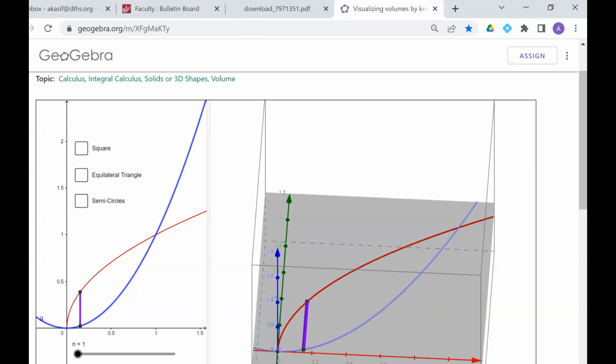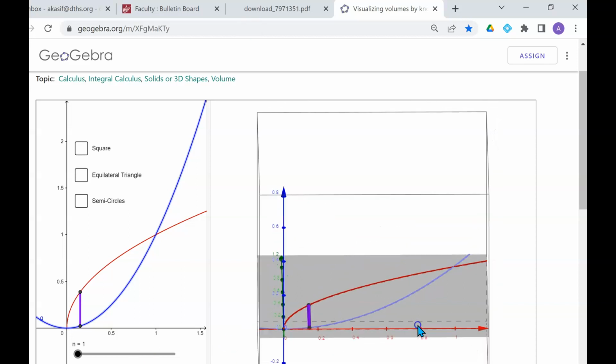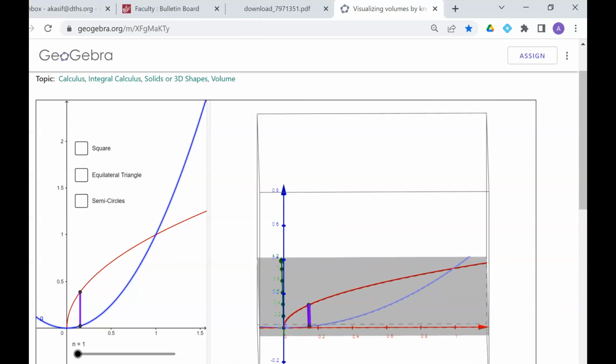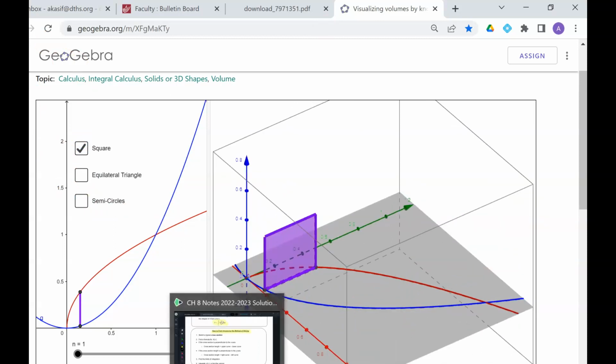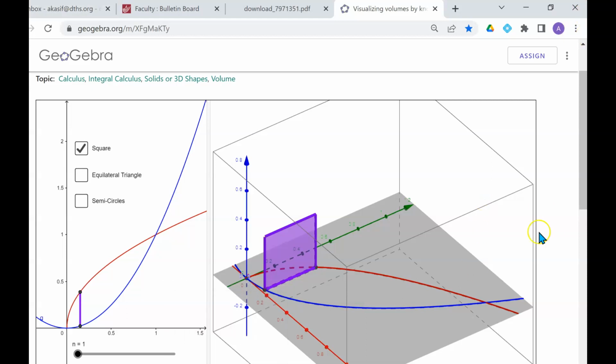So there's our base, and let's say we want to put a square in that base. Depending on where that square is, it's going to change the dimensions of it. Do you see that?